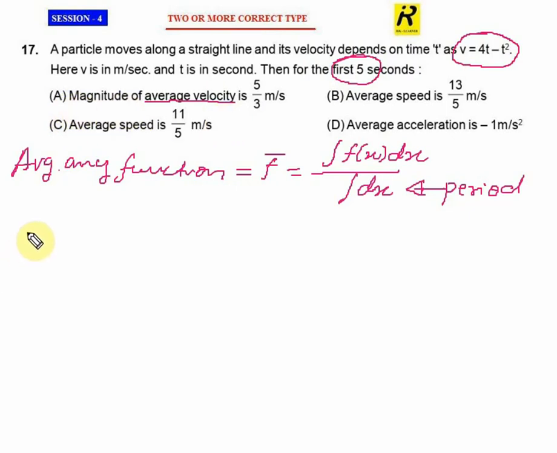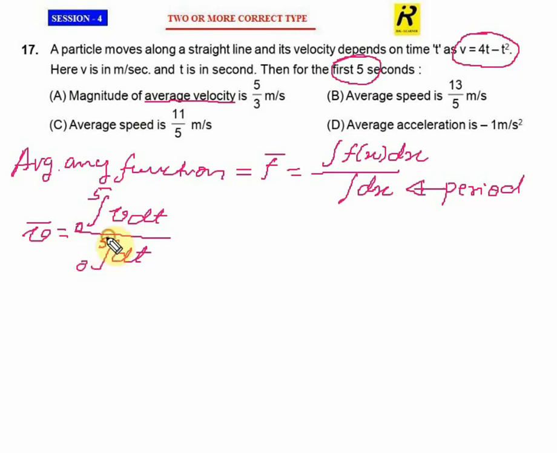So average velocity, by definition, is the integral of v dt divided by the integral of dt. The period is well known, 0 to 5, which is said in the question itself.